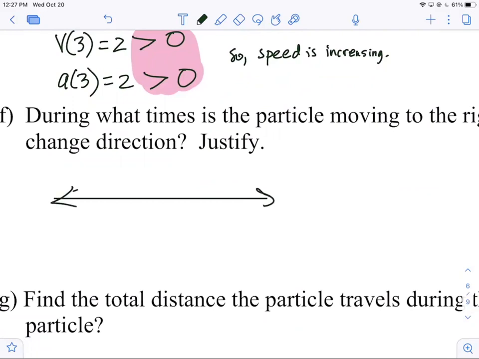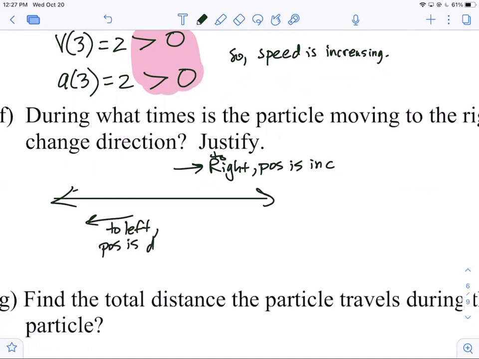Well, if it's moving to the right, I should say, if it's moving to the right, its position is increasing, yes? And if it's moving to the left, its position is what? Position is decreasing.